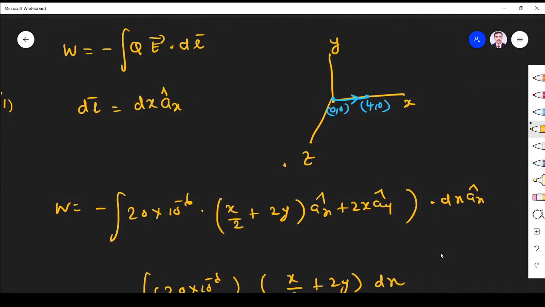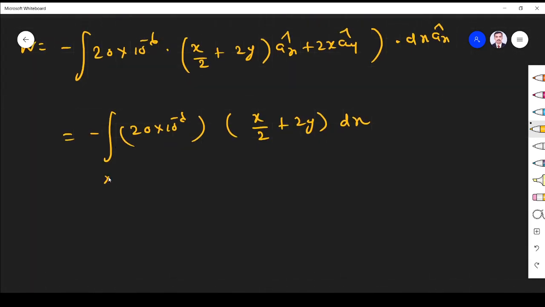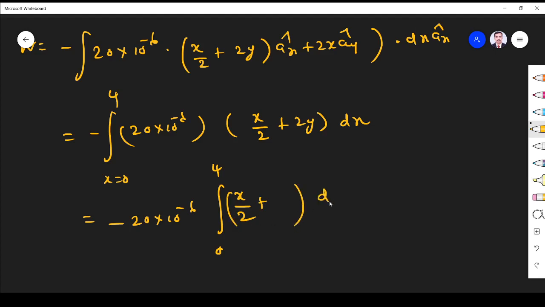So x varies, for this problem, from 0 to 4. The limit goes from x = 0 to 4. I take the constant outside: -20 × 10^-6 ∫ from 0 to 4 of x/2 plus 2y. But we have y here, which we have to change; only then can we integrate with respect to x.